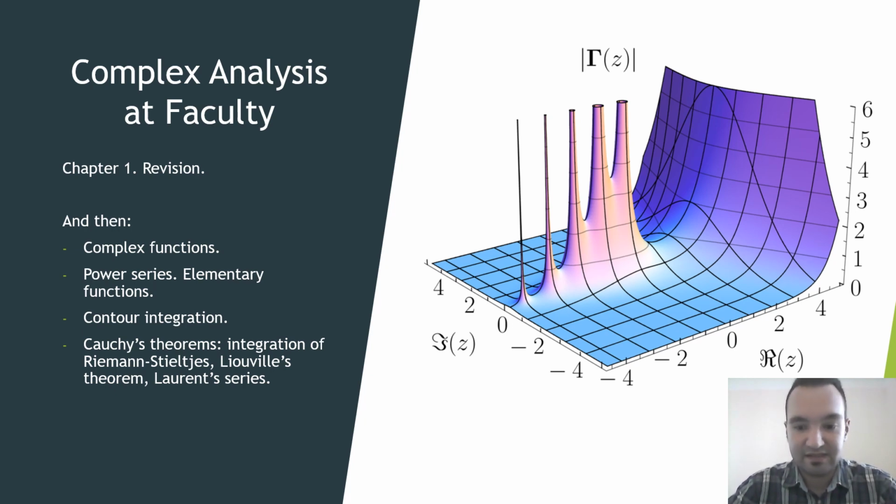The basic idea is about functions that send one complex number into another complex number. From there, we go into power series. We studied some elementary functions, and if we have functions, how can we integrate them? We also learned that using the basic principle of contour integration.